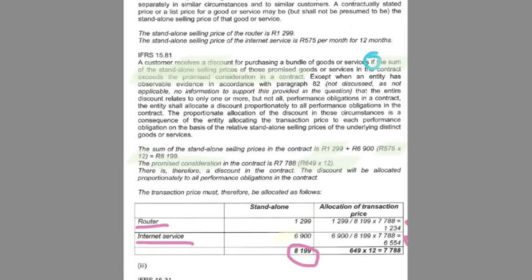You take the standalone selling price of the internet service divided by the total of all the standalone selling prices so that you can get a proportion or a ratio. Multiply that with the total consideration so that you know which part of the consideration specifically needs to be allocated to this performance obligation.